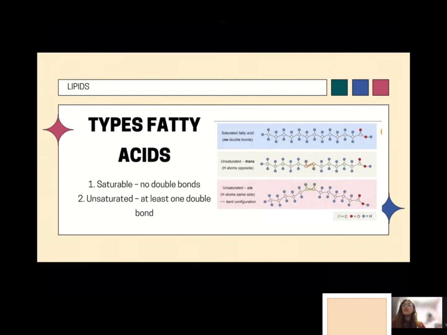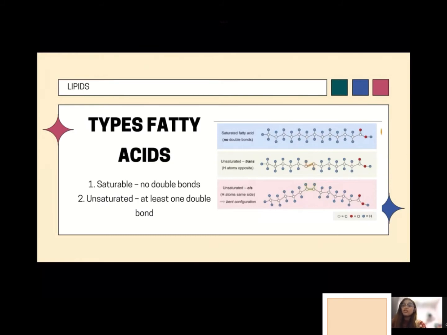In a saturated fatty acid, we cannot see any double bonds here, which means that a saturated fatty acid doesn't consist of double bonds. For unsaturated, in trans and cis, there is at least one double bond.